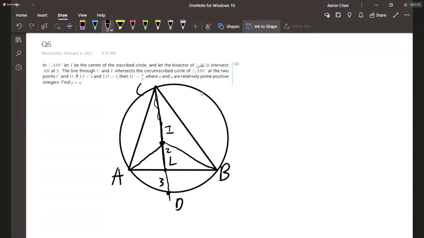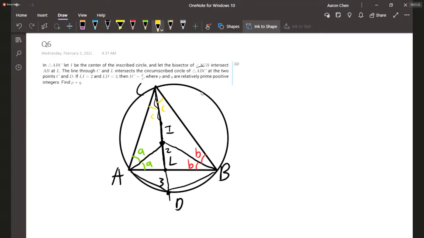So now these are all angle bisectors, so we can let this be A, this be A, this be B, this is B, this is C, and this is C. So you can also add lines DA and DB.